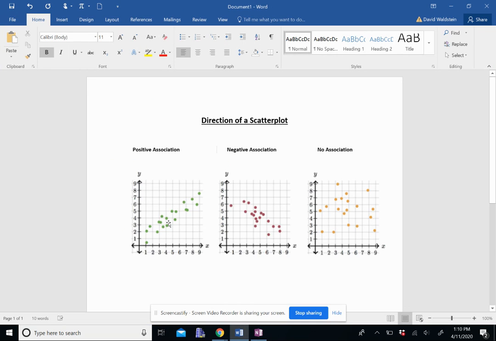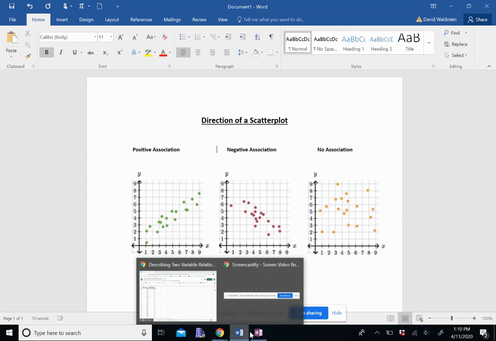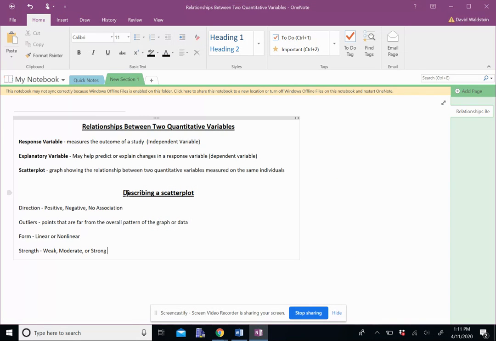And if you look, this is a pretty strong linear association, strong positive linear association. And this is, I'd say, moderate to strong linear negative association. And since this has no association, you're not really going to describe the strength at all. All right. So these are the four things we're going to be using to describe the relationships between two quantitative variables. Now let's do a few examples.